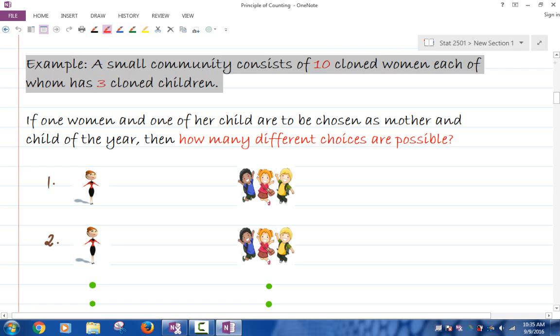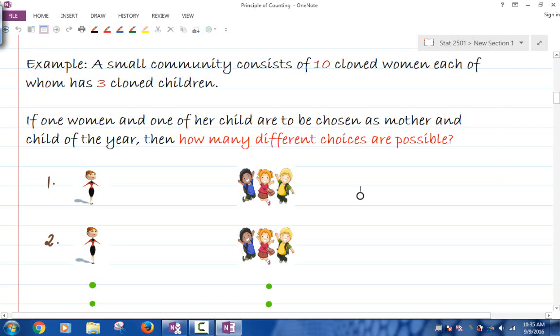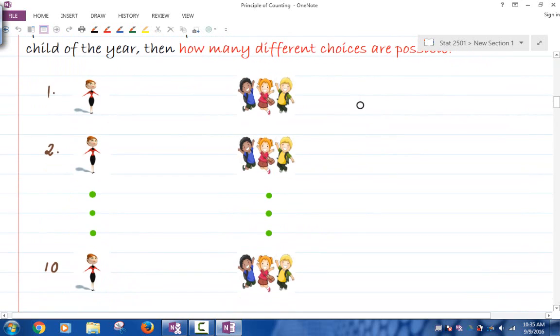Okay, so how do I answer that? First of all, are you guys done writing it down? Everybody's done writing it down. Okay, so we have 10 women and each one has 3 children, right?